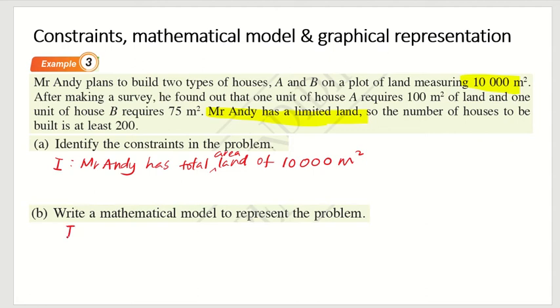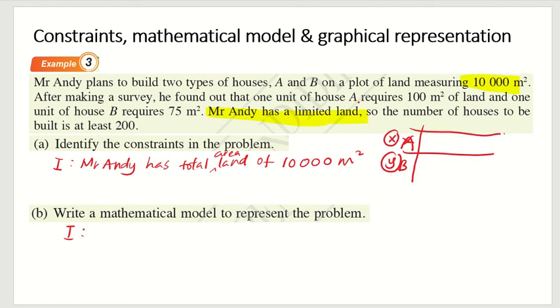Then what is the mathematical model from this one? How are we going to change it into the inequalities? x and y. What is x and what is y? Okay, for this type of question, to make it easier you make it into a table. House A, house B. A is for x and B is for y.